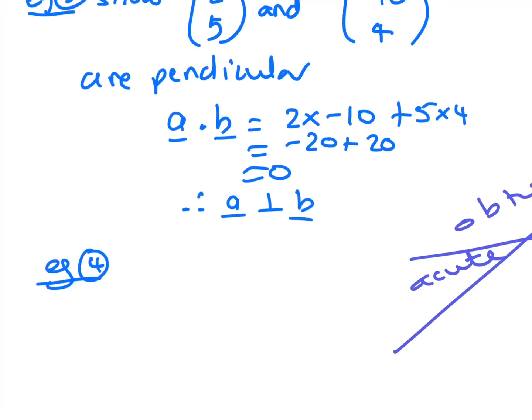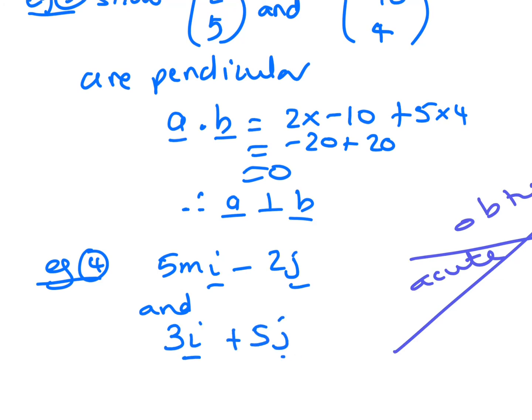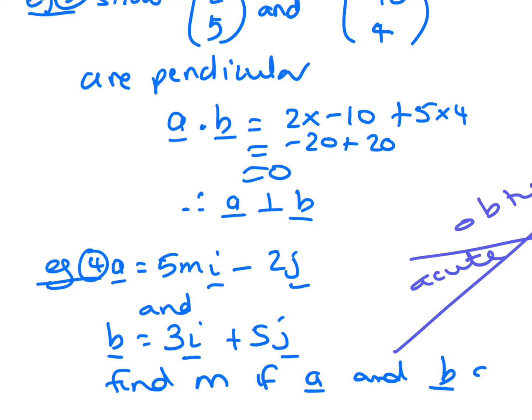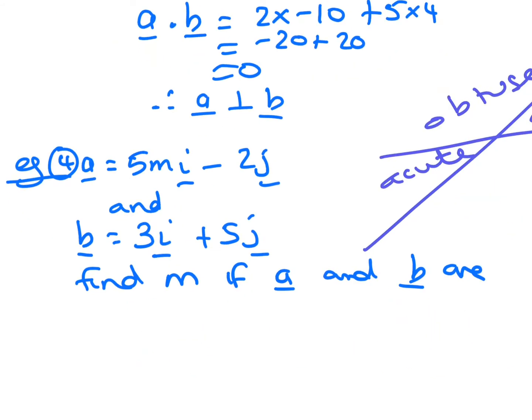And just one where we find the unknown. 5mi minus 2j and 3i plus 5j. Find m if the two vectors, I'll call this A and this is B, if A and B are perpendicular.